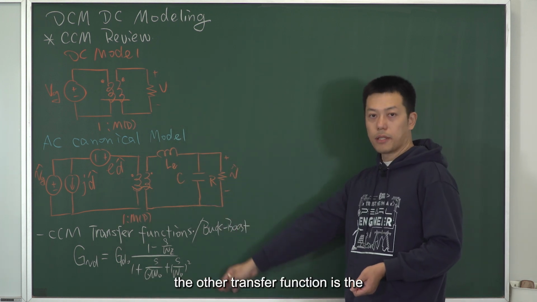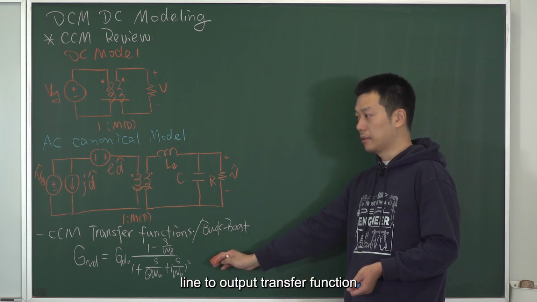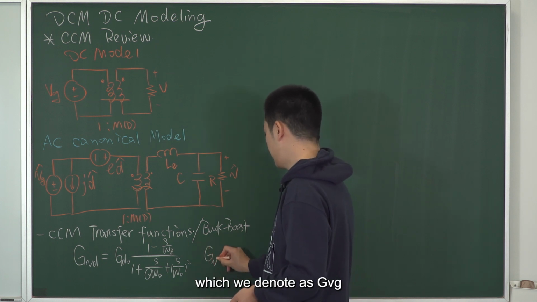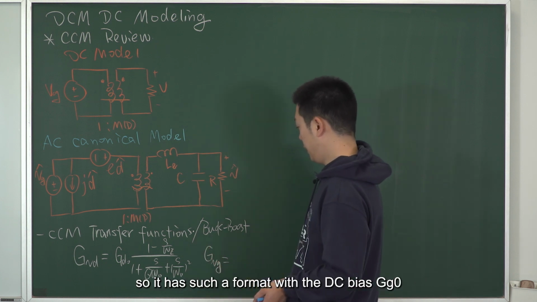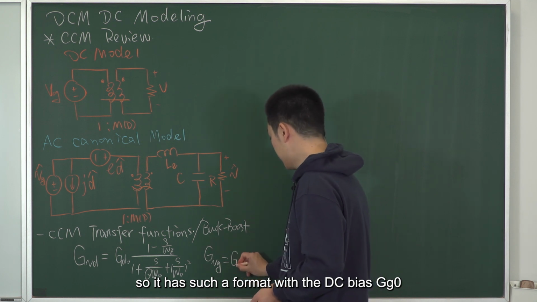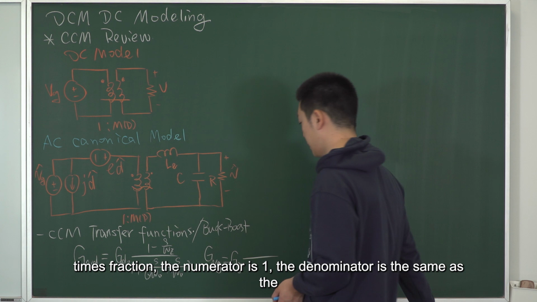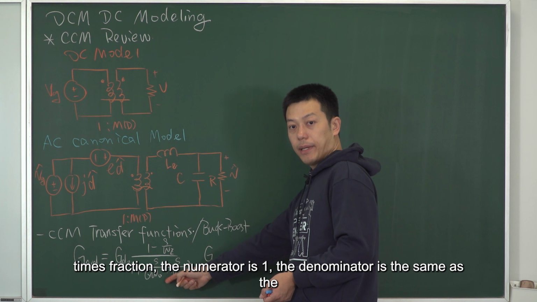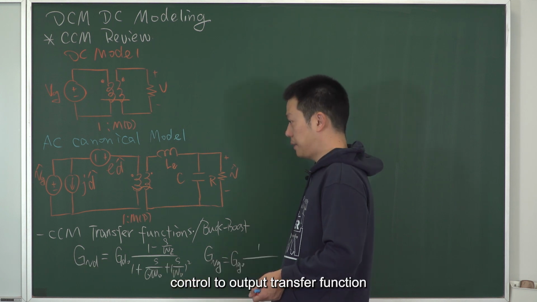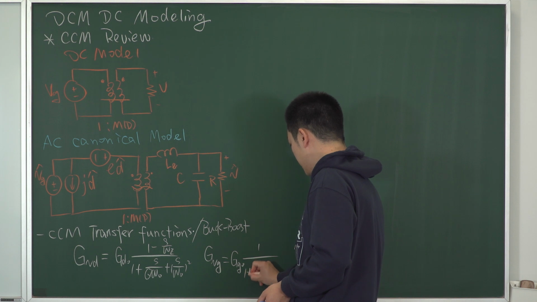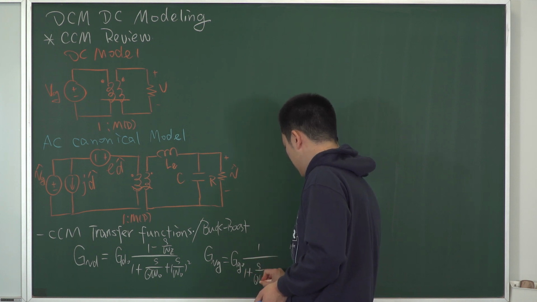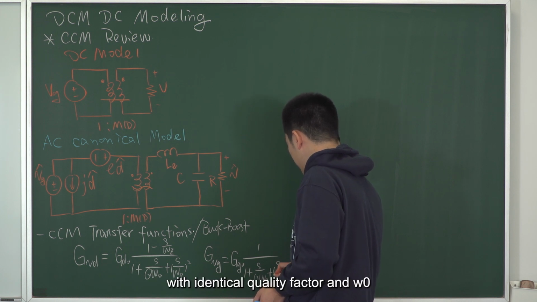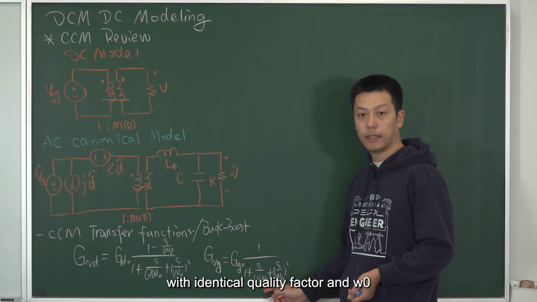The other transfer function is the line to output transfer function, which we denote as GVG. It has the format of the DC gain GG0 times a fraction. The numerator is 1. The denominator is the same as the control to output transfer function, which is also a quadratic pole response with identical quality factor and omega 0.